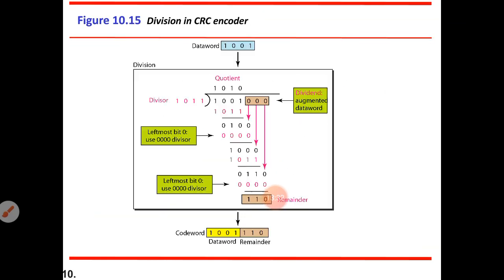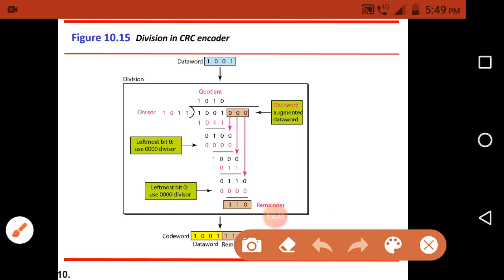Next we will move on and see one problem here. In the examination they will give the data word and a divisor, and you need to find the final code word.